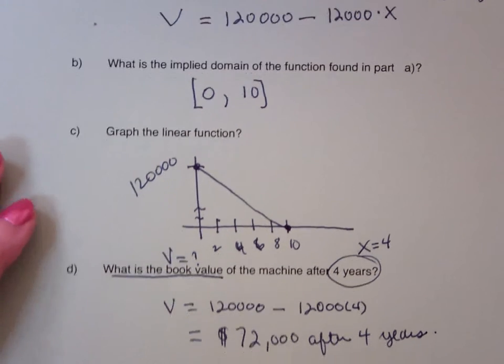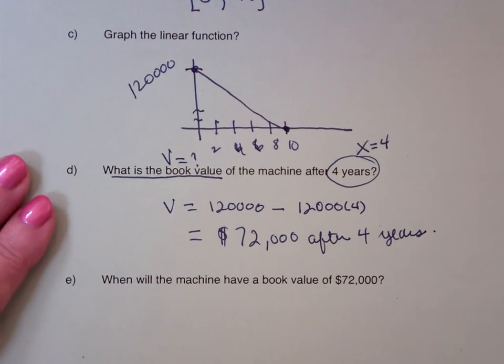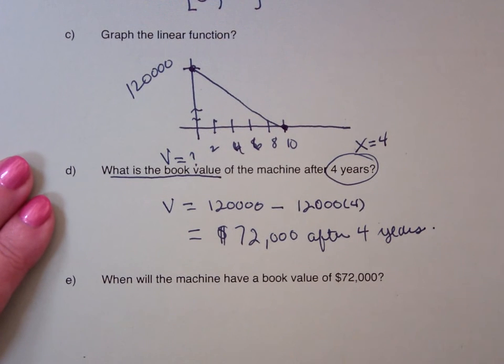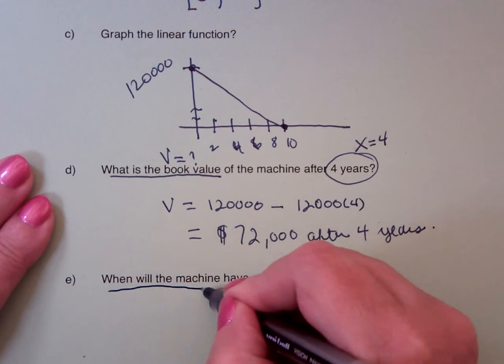And then this is kind of a silly problem, and it says, when will the machine have a book value of $72,000? We know it's going to be after 4 years. But if that weren't $72,000, this says V equals 72, when is X?